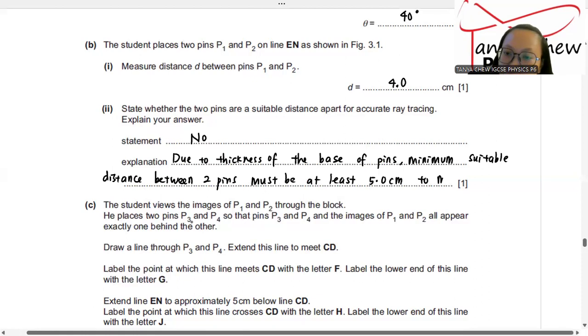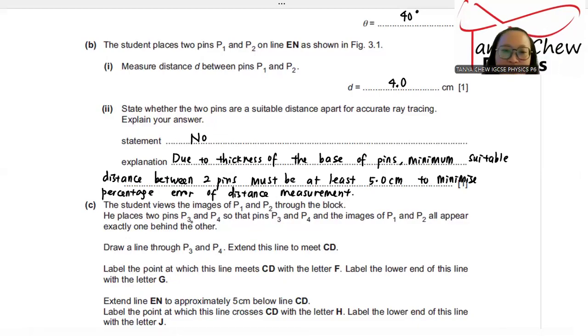Why? To minimize percentage error of distance measurement.